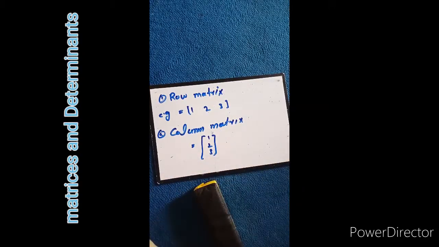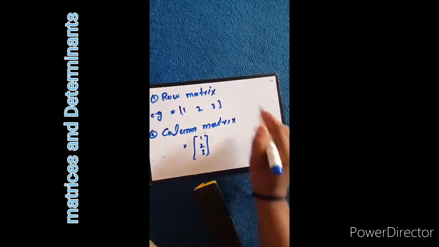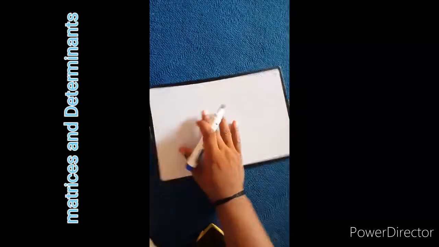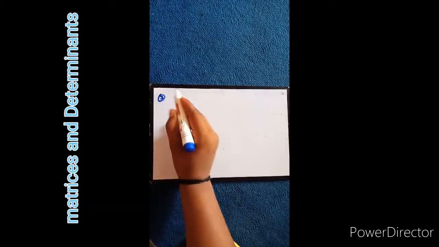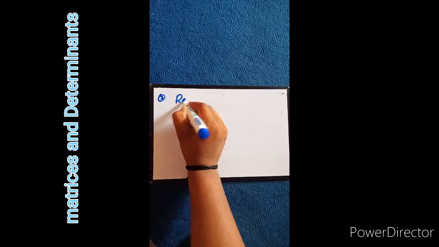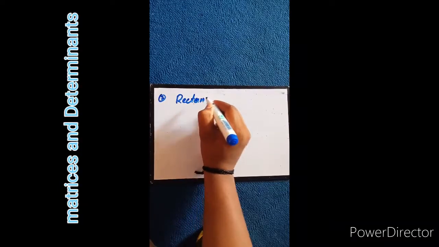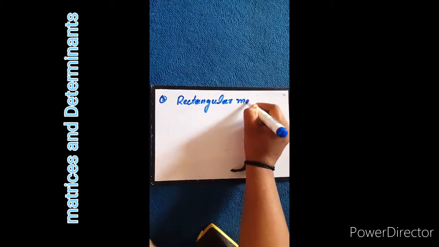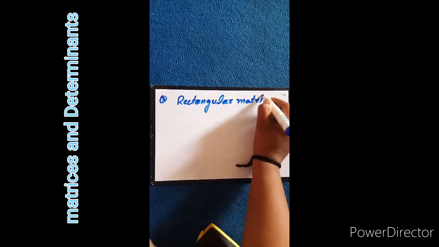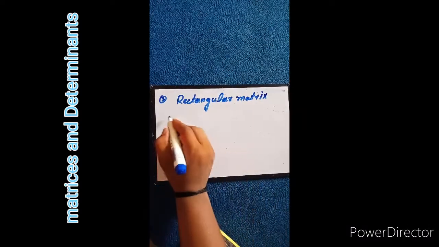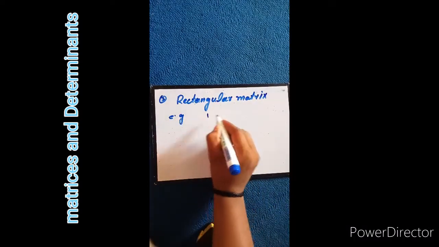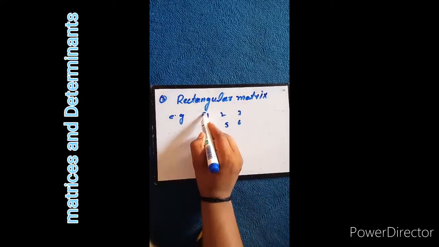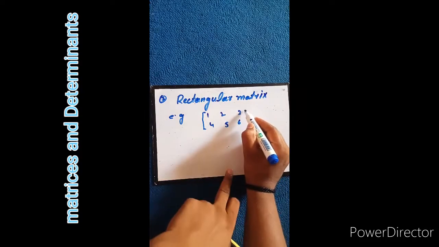Okay, now going further, the third one is the rectangular matrix. For example, 1 2 3 4 5 6, in the form of a rectangle.